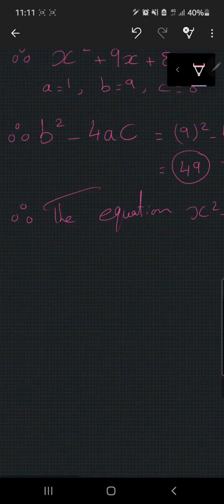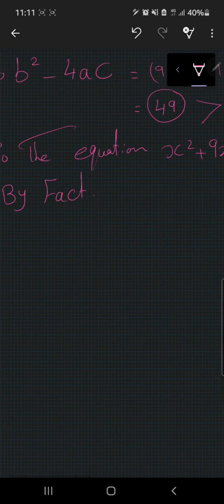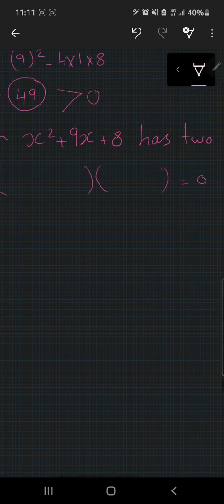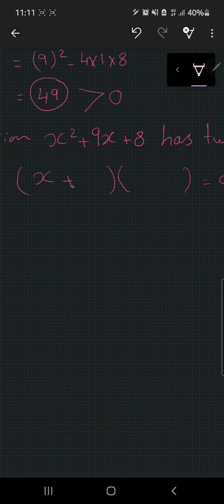By factorizing to get the two roots, open two brackets, x plus 8 and x plus 1. So x equals negative 8 and x equals negative 1.